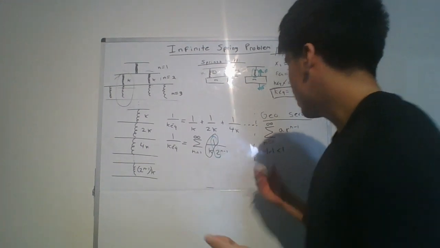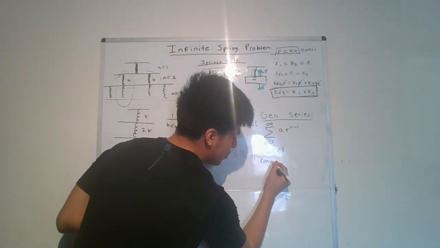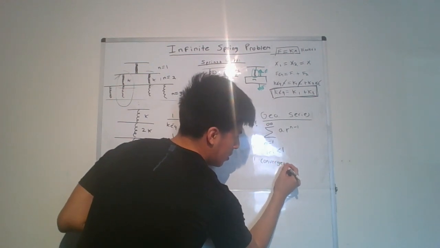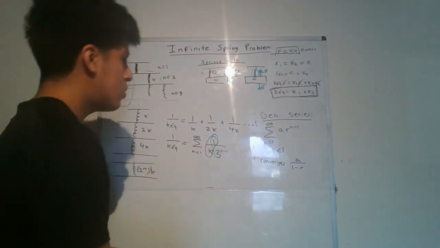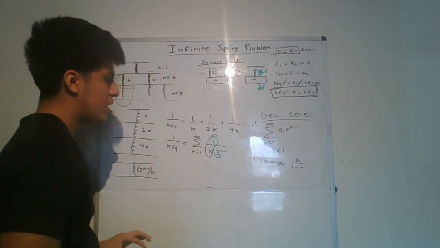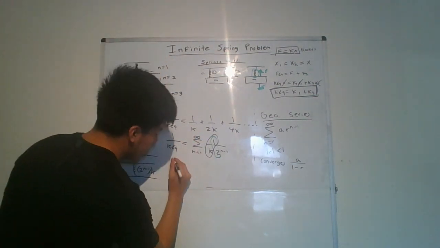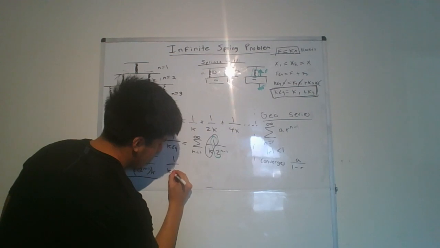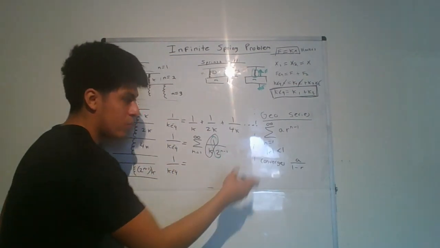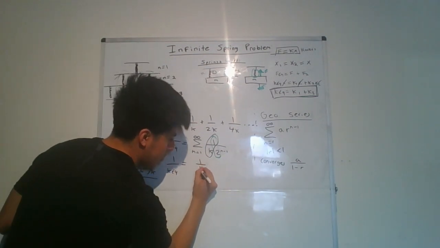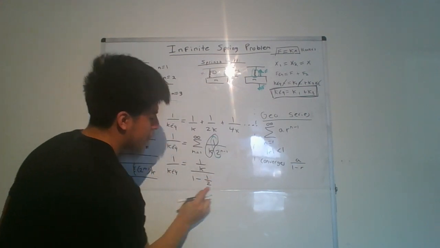But what value does it converge to? If you remember, a geometric series converges to a divided by 1 minus r. So we can write this expression as being equal to the value that the series converges to. And what the series converges to is 1 divided by k, which is a, so a divided by 1 minus r, which is 1 minus 1/2.